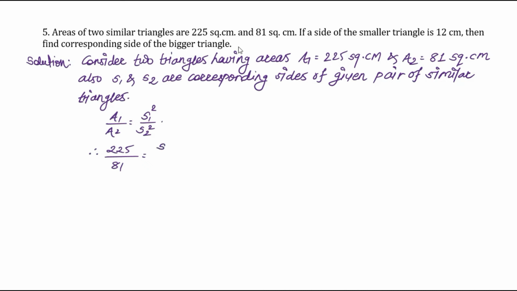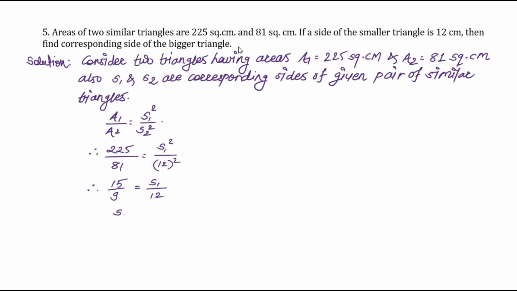So S1 square remains as it is, and S2 is given, which is 12, so 12 square we have to write. Don't forget to write square. This is a crucial step. Now, by taking the square root on both sides, we will get 15 upon 9 is equal to S1 upon 12.